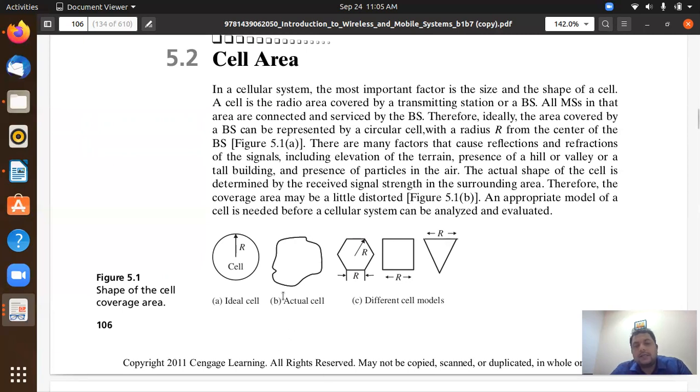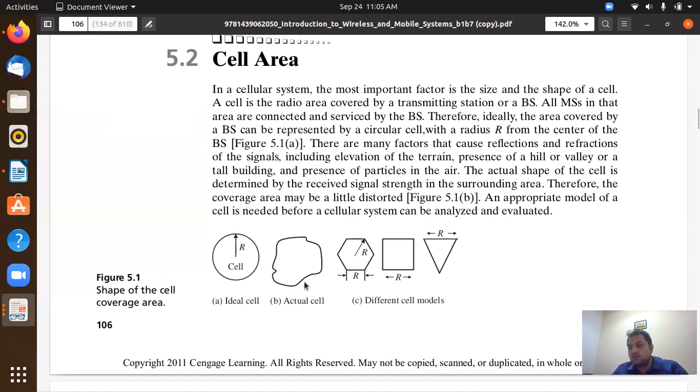As you can see in B, ideally we assume that the region based on the signal strength decay should be circular in shape, but because of the distortion to the signal strength, the region would be somewhat distorted.